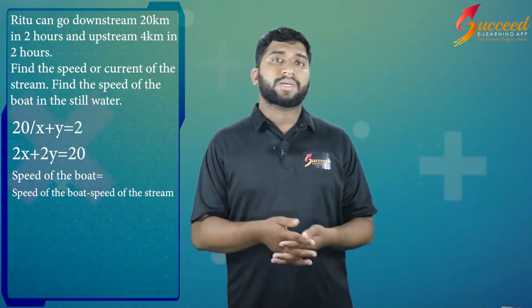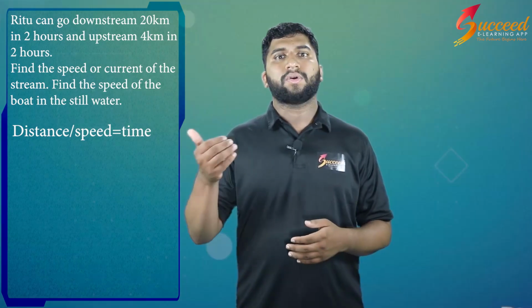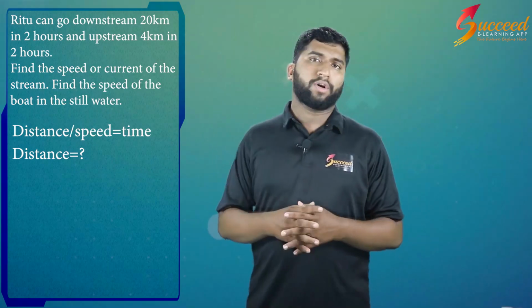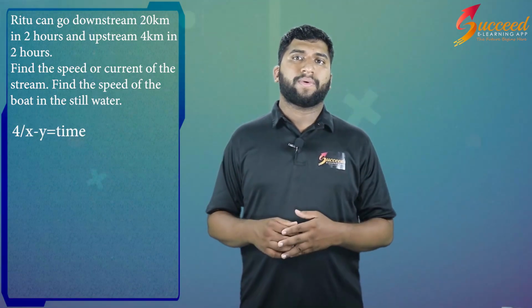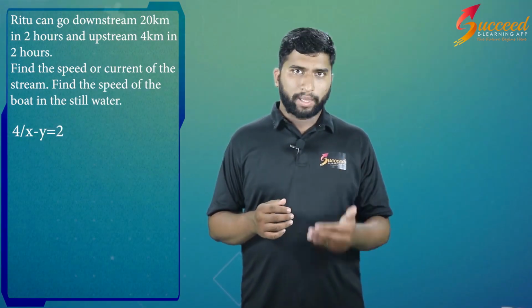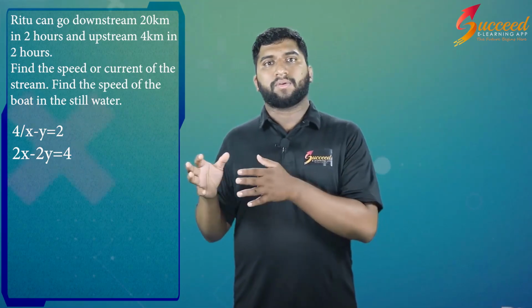What's our formula? Distance by speed is equal to time. What is the distance covered upstream? According to the question, it is 4 kilometers. So 4 divided by x minus y is equal to 2. If you cross multiply, you get 2x minus 2y is equal to 4.